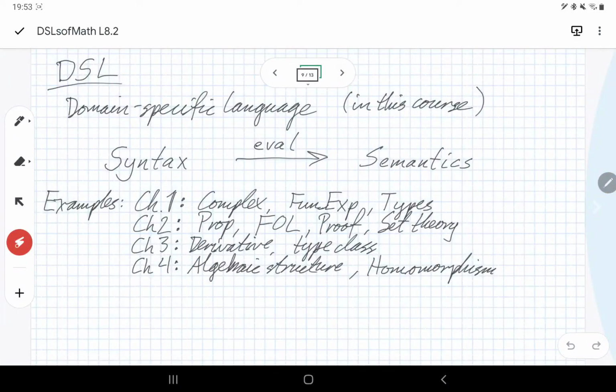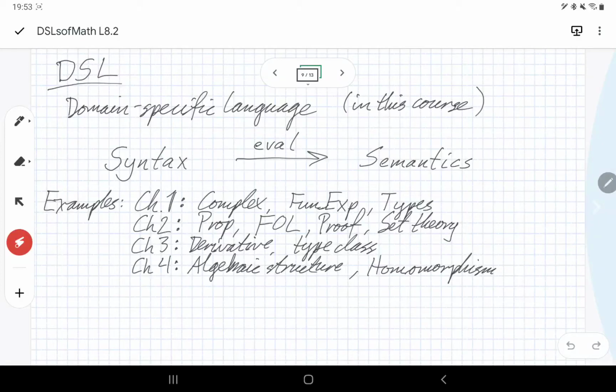Then we moved on to algebraic structures, the sort of mathematical counterpart of the type classes. The simplest, monoid, then group, ring, field, and so on. And we introduced the concept of homomorphism. Also, along with FunExp and types, something that has been returning back over and over again.